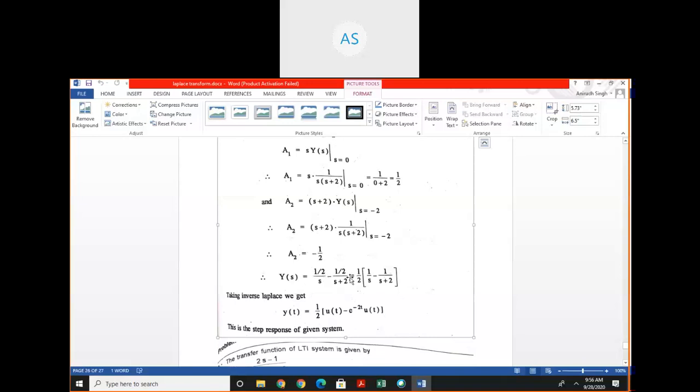H of s is given in the question. The value of h of s is this. So we get the value of y of s as s plus 1 divided by s multiplied by s square plus 3s plus 2.